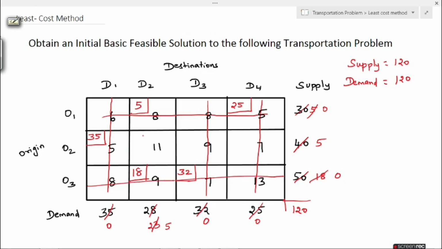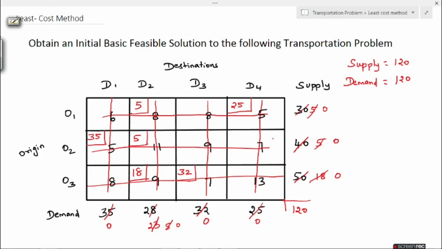The left out value is 11, so our last allocation is here. Demand is 5 and the corresponding supply is also 5, so we allocate 5 here. After this allocation, 5 minus 5 is 0 for both, so we cancel the corresponding row and column.